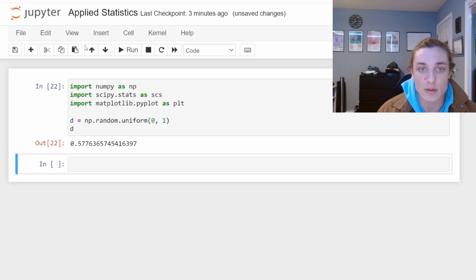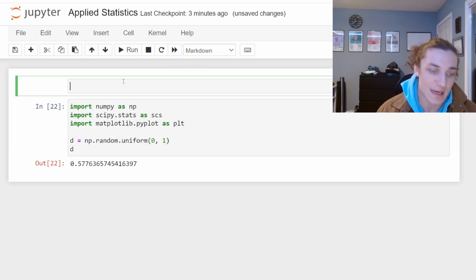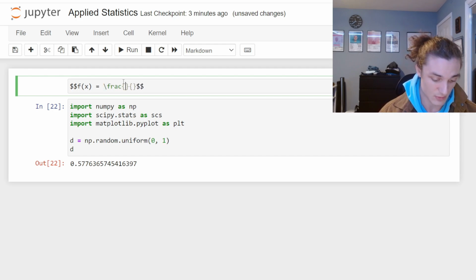If we wanted to, we could even define it with LaTeX. I would say f of x is equal to, and I'm not going to do the piecewise, I'm just going to do a fraction. We're going to say this is 1 over beta minus alpha, right?